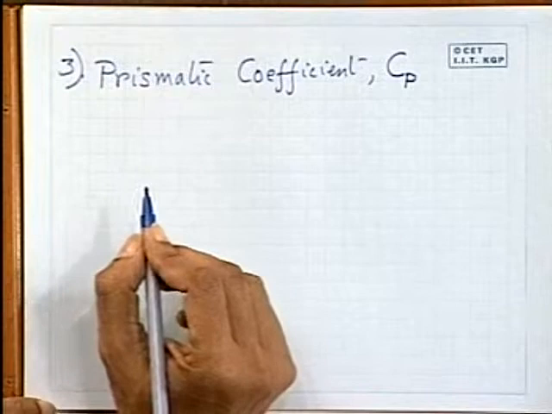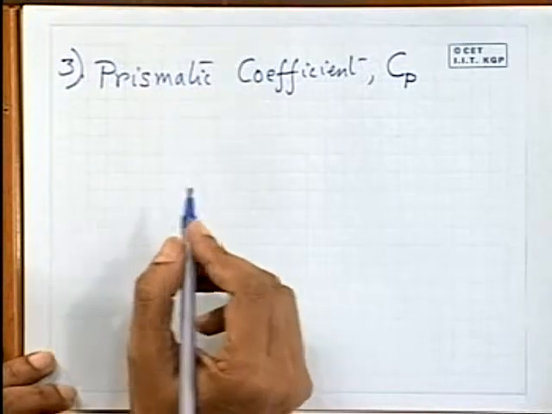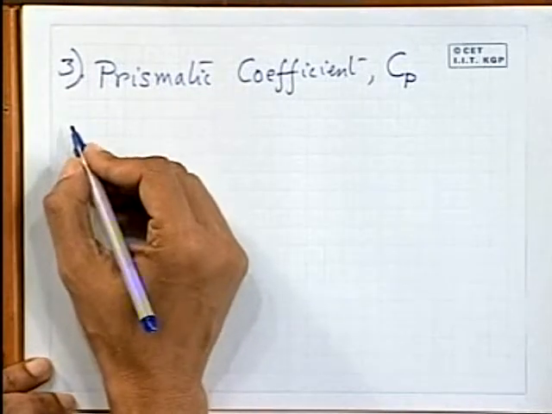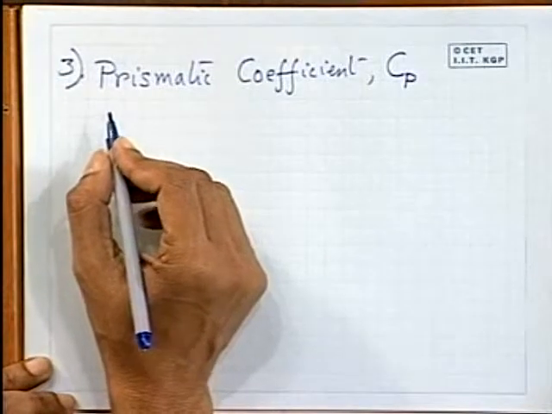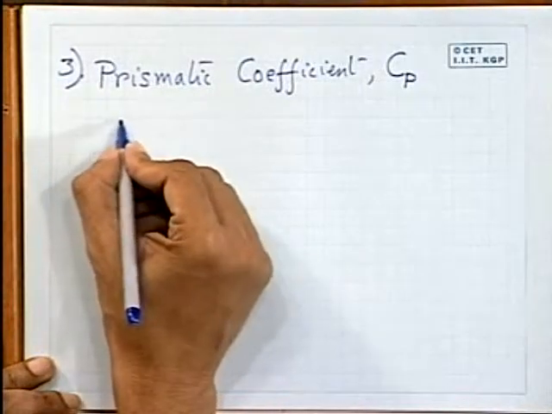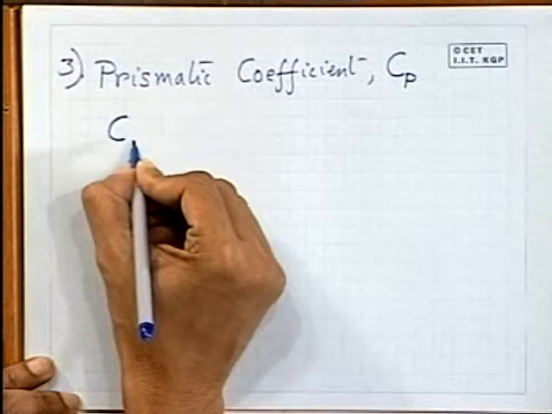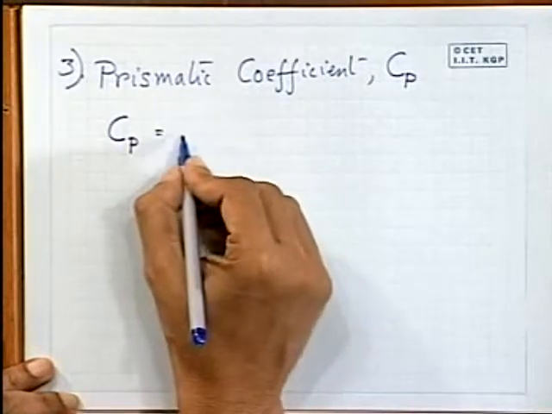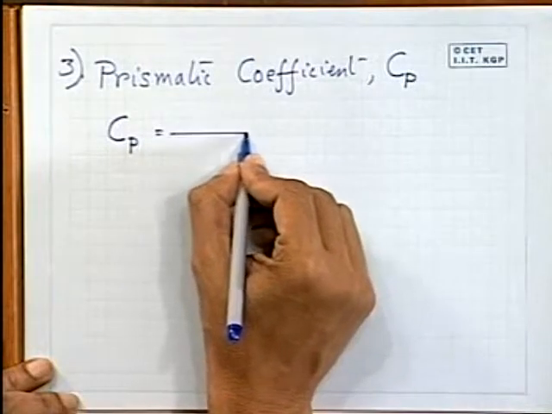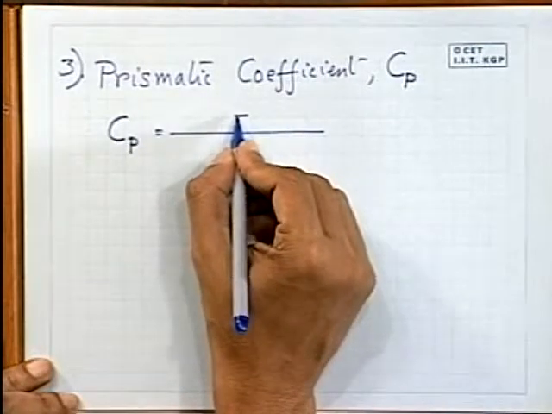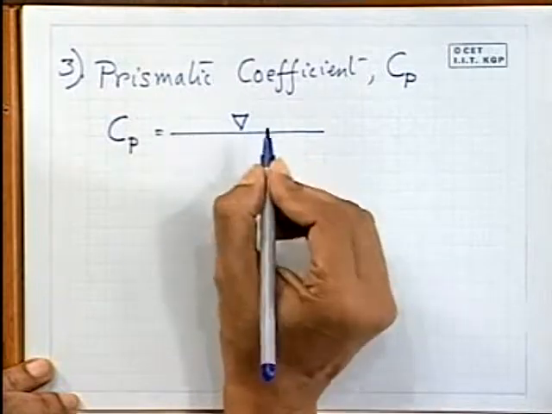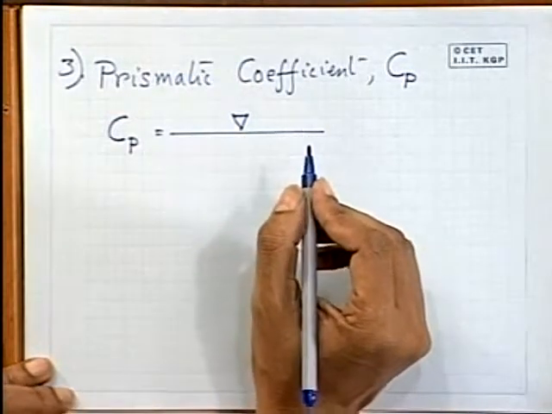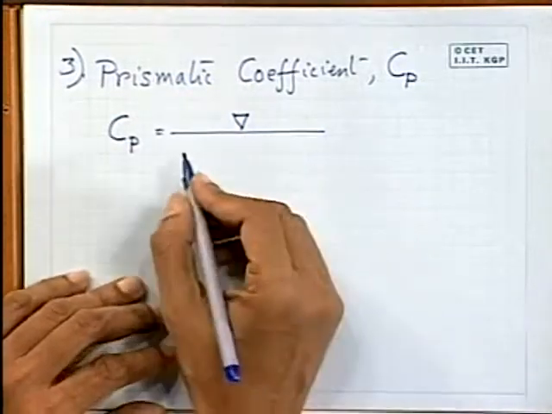Now CP is the volume of displacement. Why is it called a prism? Prismatic means the ratio is the volume of displacement given as a ratio of the volume of a prism with the midship section area.